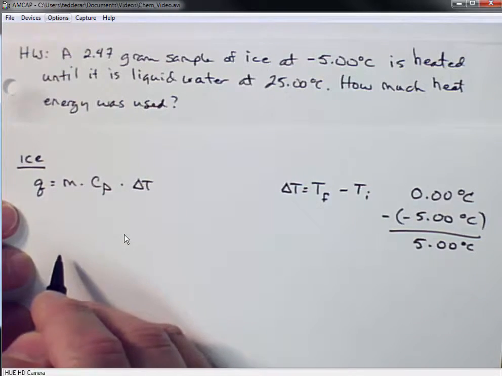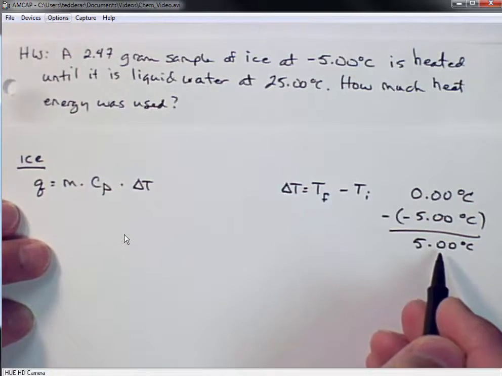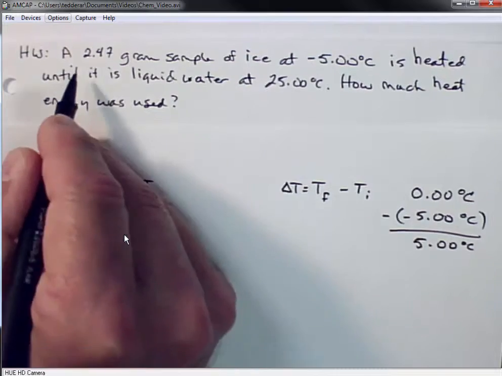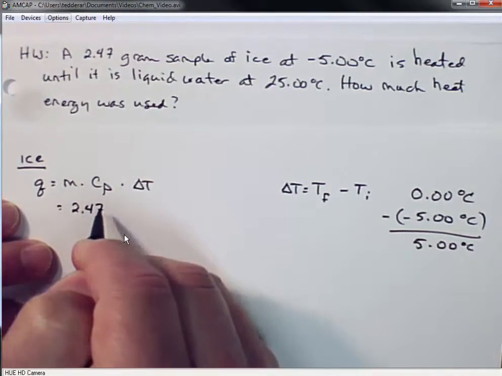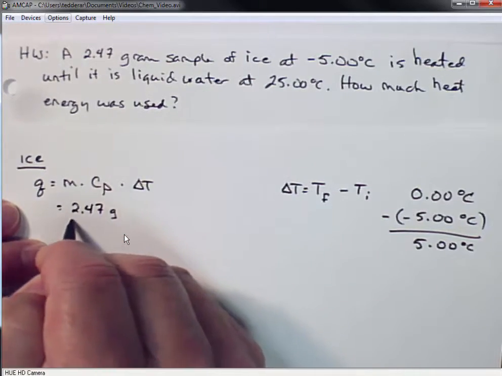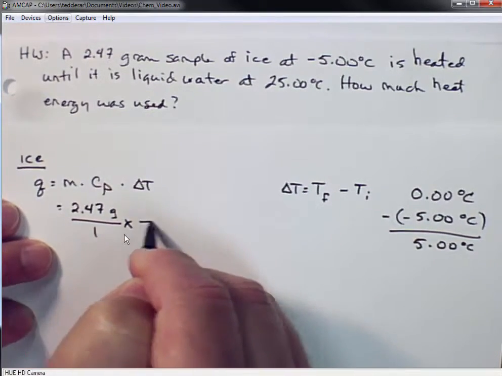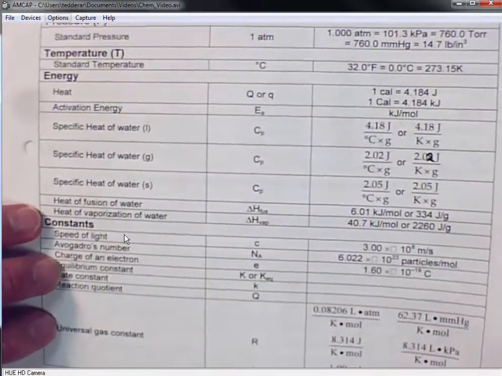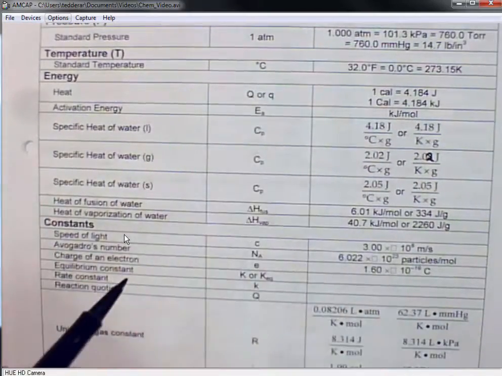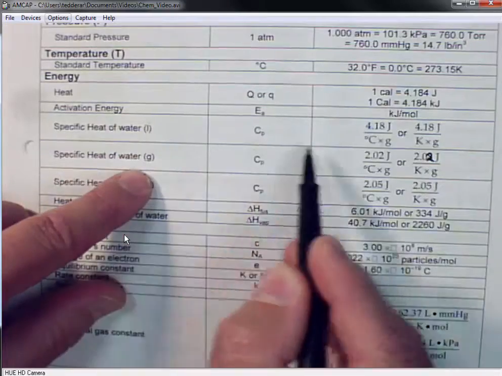Okay? So we're going to put that 5 degrees in here. We've got the mass, and the mass for all these problems is 2.47 grams here. The amount of water, the mass of the water, doesn't change. The specific heat for the ice is on the front page of your test references. Here's the specific heats for liquid water, right there.